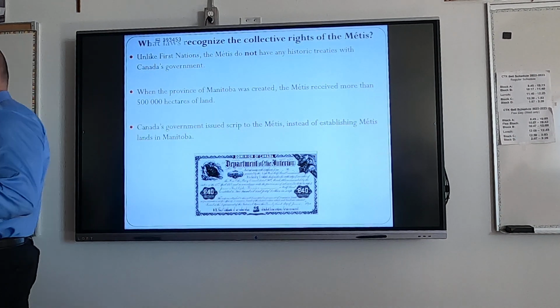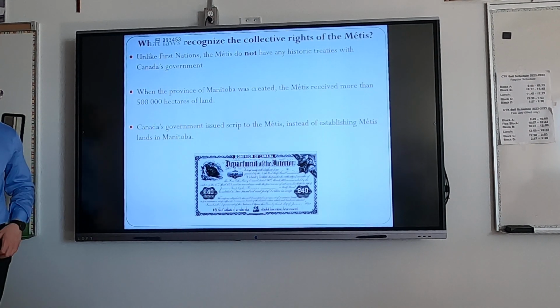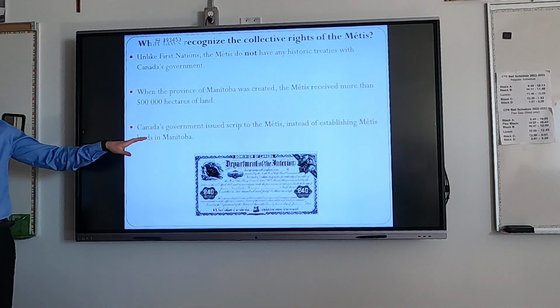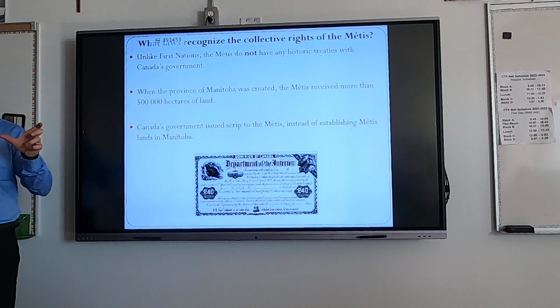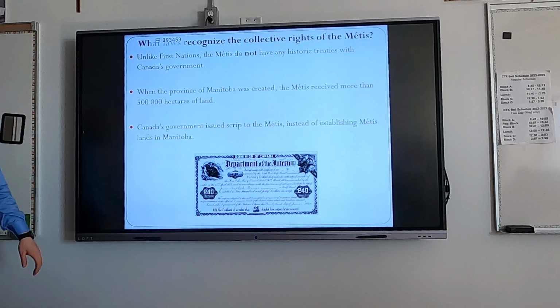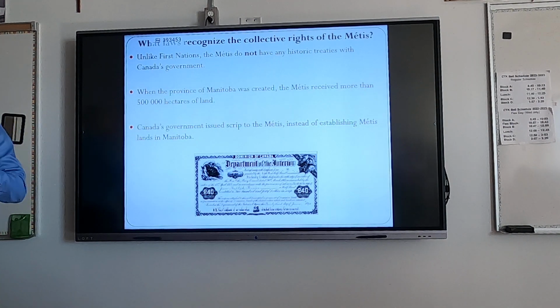They were given scrip, which is essentially a piece of paper, a document that allows you land. I don't know if they were allowed to take that document and say, hey, I want 240 acres or whatever it is, I want my land in this area or that area. I don't know if they were stuck to Manitoba.